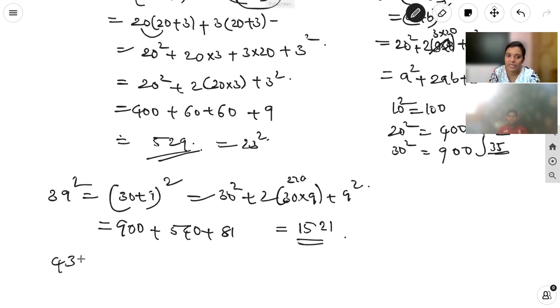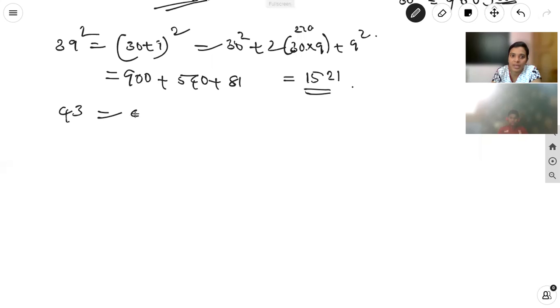Now 43. 43 is easy to find: 40 plus 3, whole square.